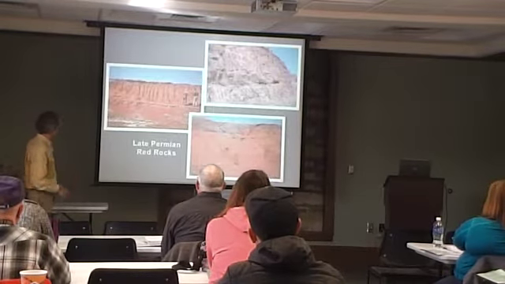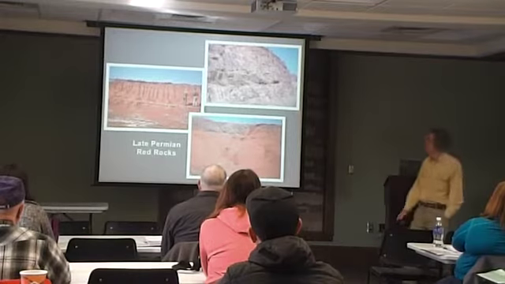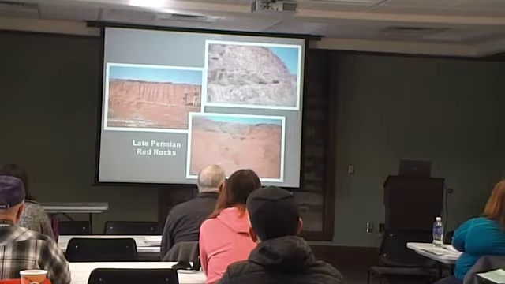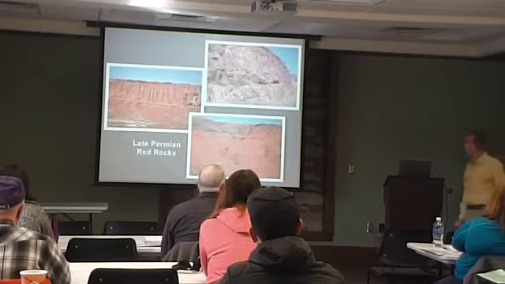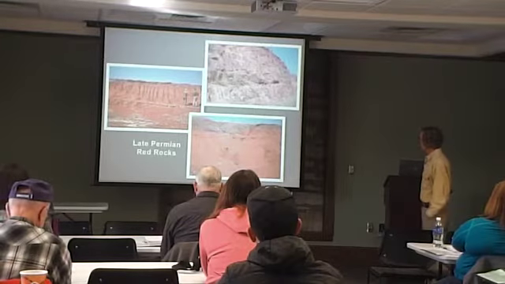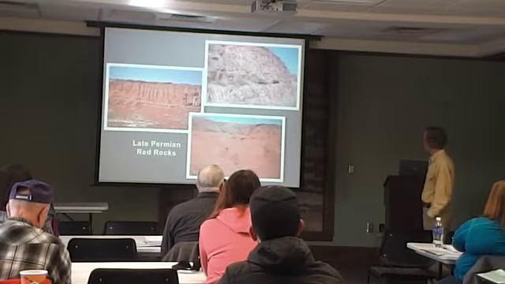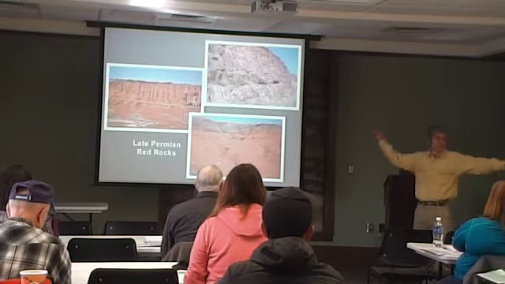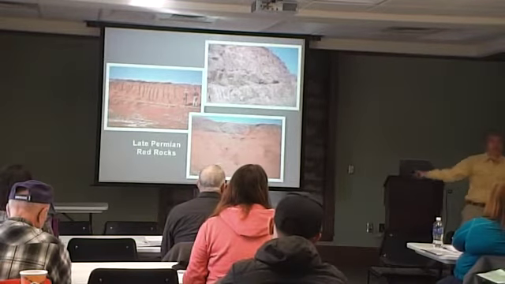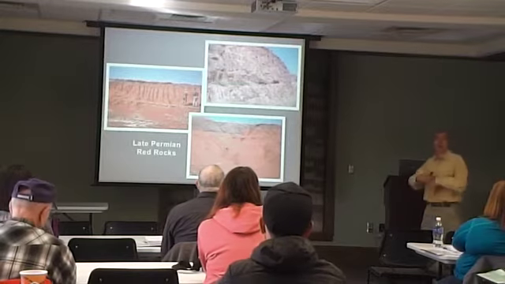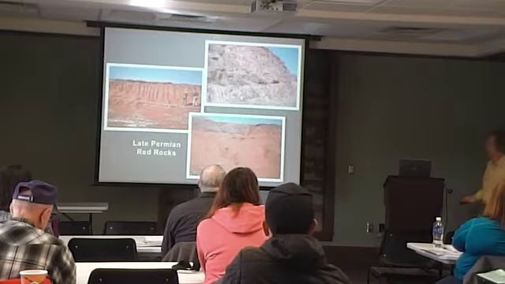If you look elsewhere, this is what the Late Permian looks like. This is the Red Hills in south central Kansas. And notice it's all red, everything's red. That's because it's really dry, very oxidized, so all the iron has been thoroughly oxidized.